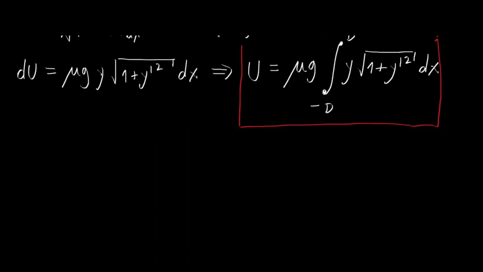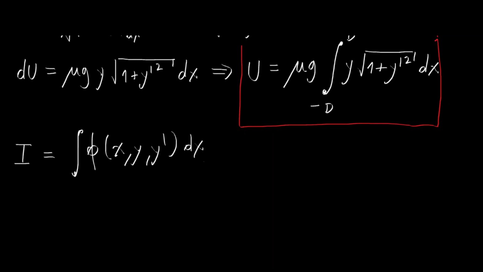As a brief introduction, if we have a general functional, which is an integral of some function of x, y, and y prime, then the problem of finding the minimum or extreme point of this integral is equivalent to solving the following differential equation.